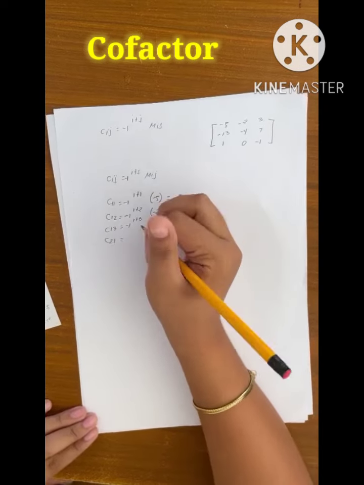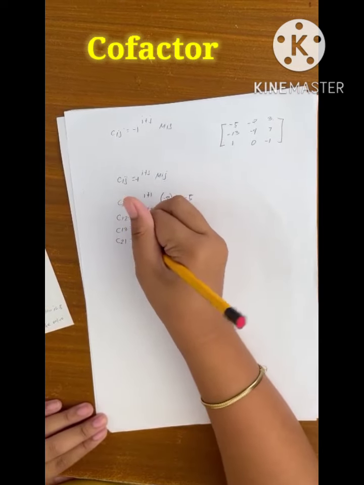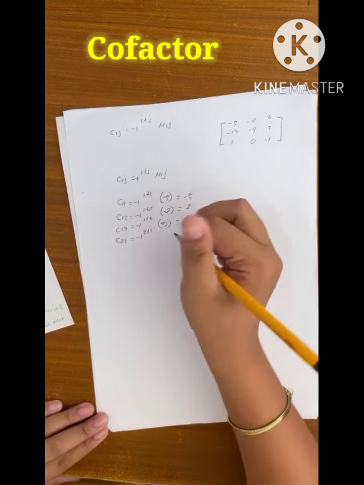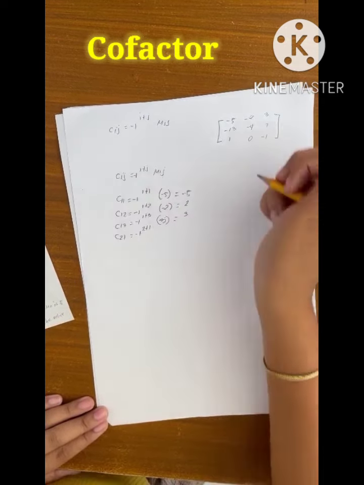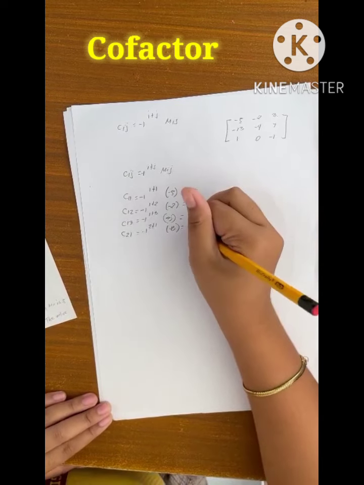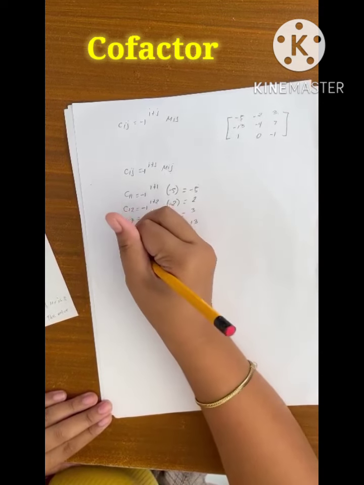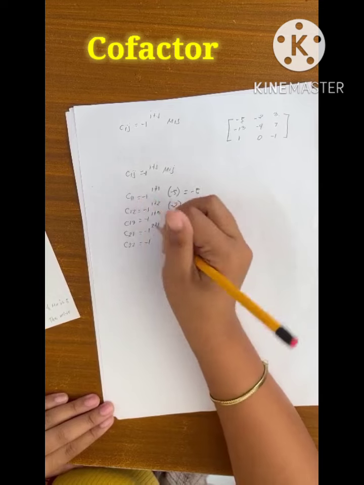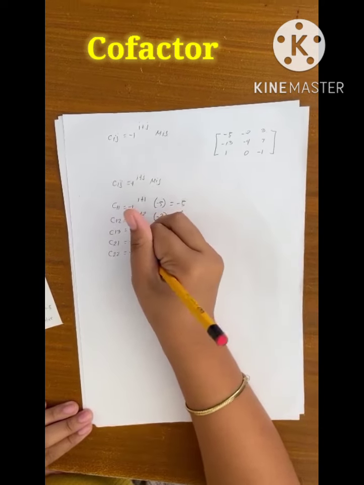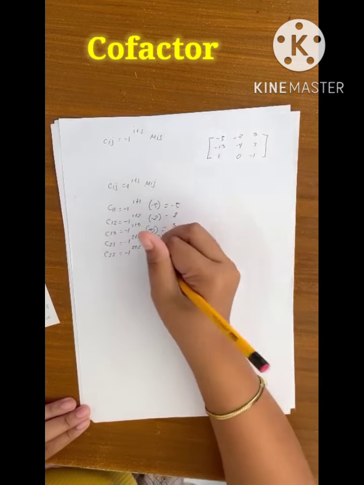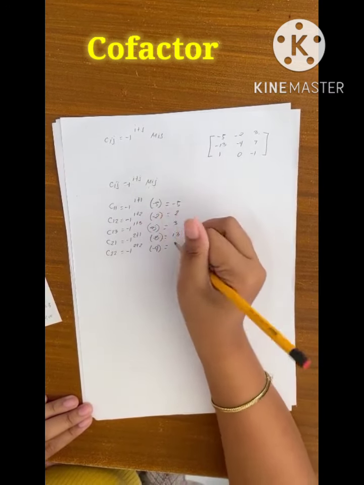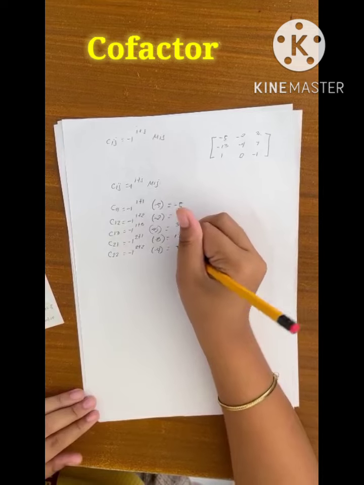C21 equals negative 1 raised to 2 plus 1, and the M21 is negative 13, multiplied by negative 13 equals 13. C22 equals negative 1 raised to 2 plus 2, and the M22 is negative 4, equals negative 4.